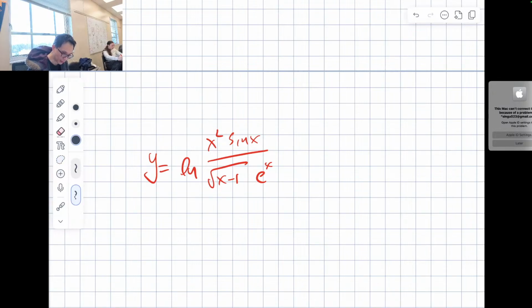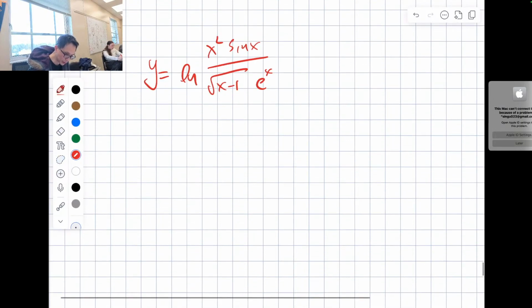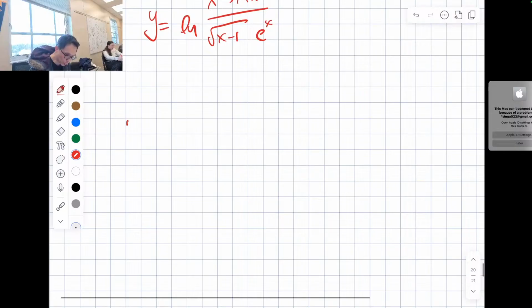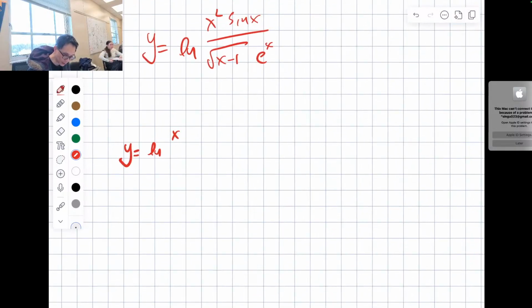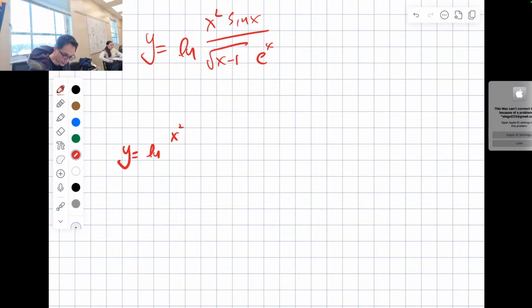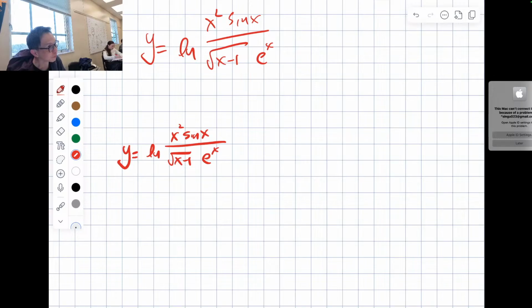Okay, so we're gonna have this question. Let me rewrite it. It's really ugly. So y is equal to ln of x squared sine of x square root of x minus 1 times e to the x. We want to take a derivative of this function.